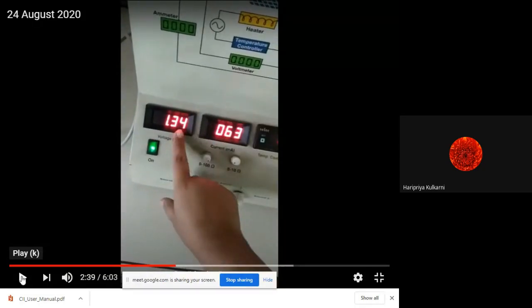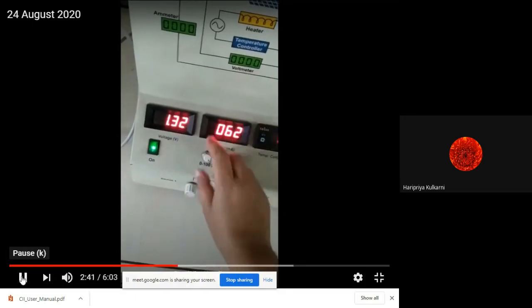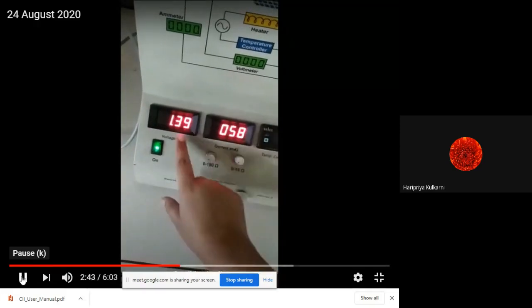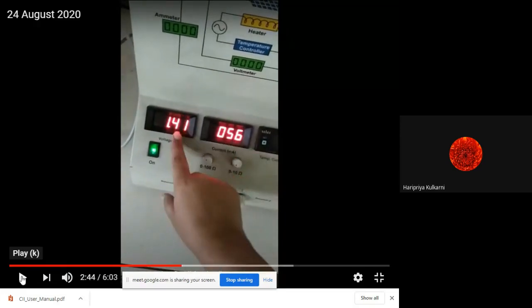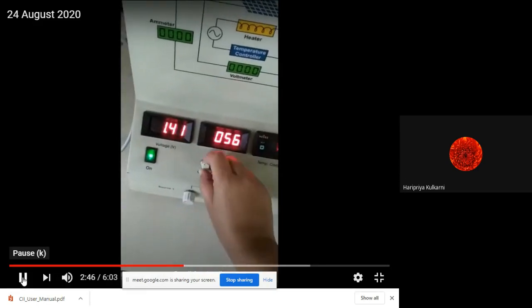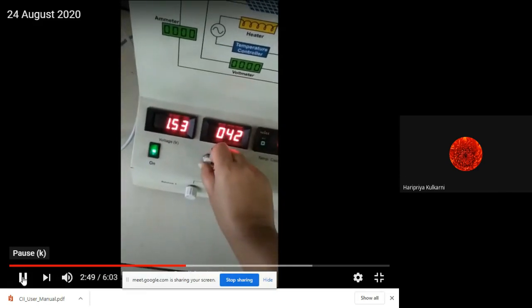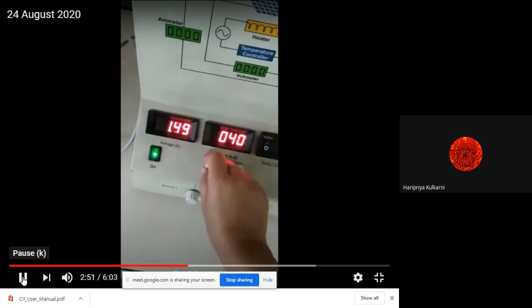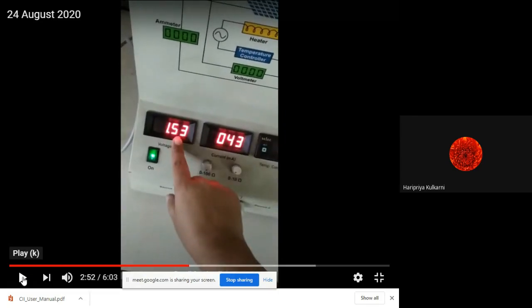Next reading 1.34 volt, 63 milliampere. Next reading 1.41 volt, 56 milliampere. Next reading 1.53 volt, 43 milliampere.